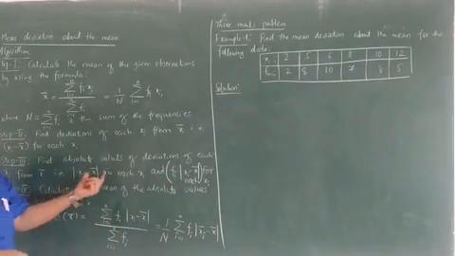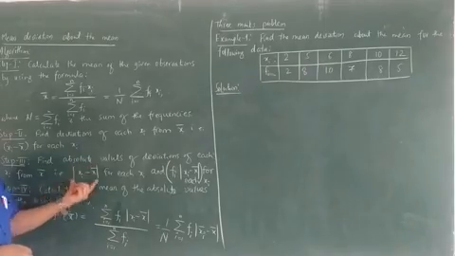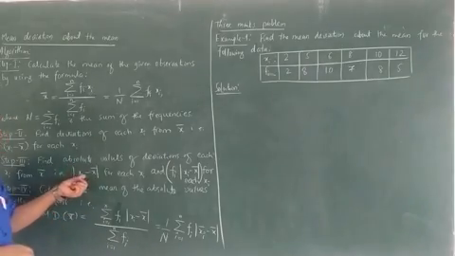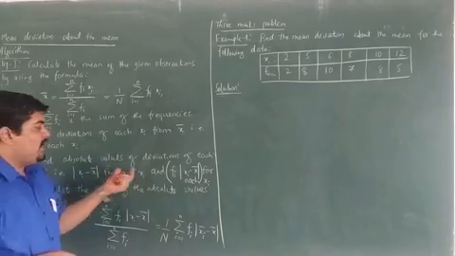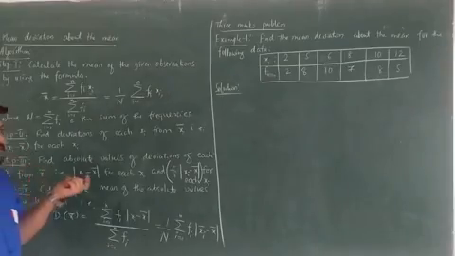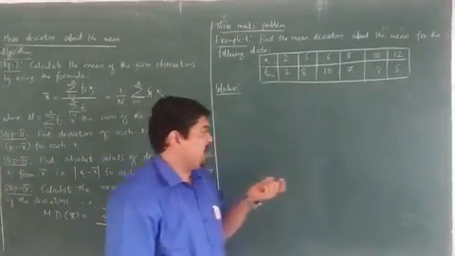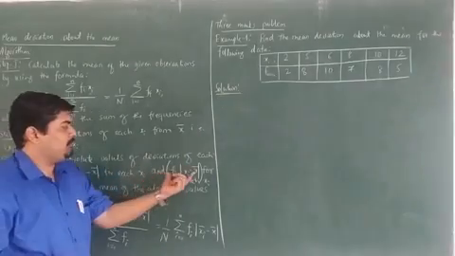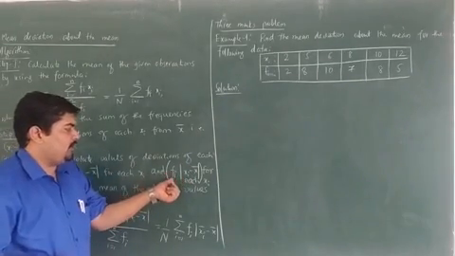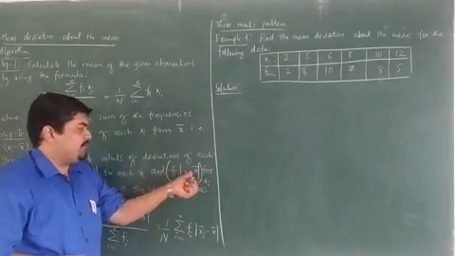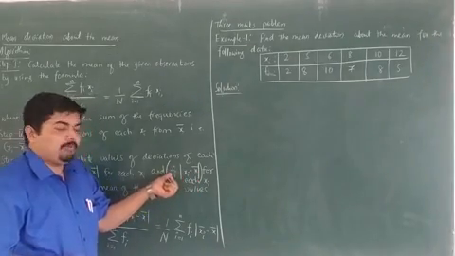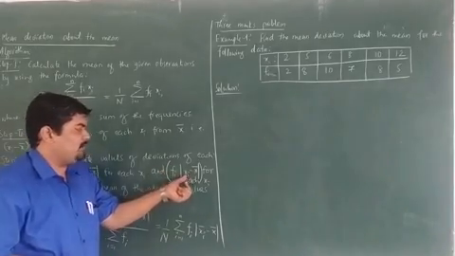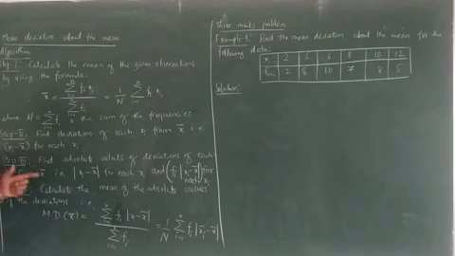Then your task is to find another parameter, that is the product of the absolute values of the deviations of each observation from the mean with the corresponding frequency of each observation. That is the additional step you are supposed to follow in step number 3.